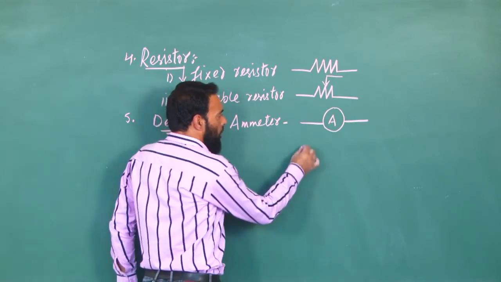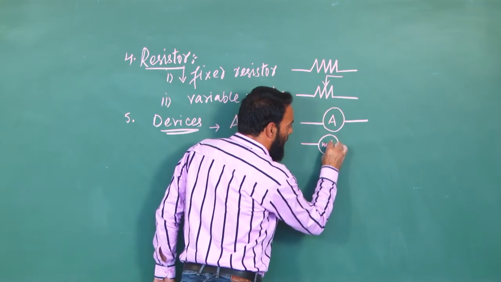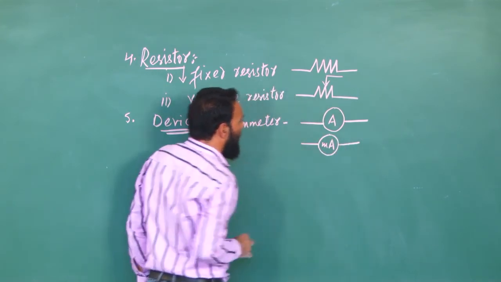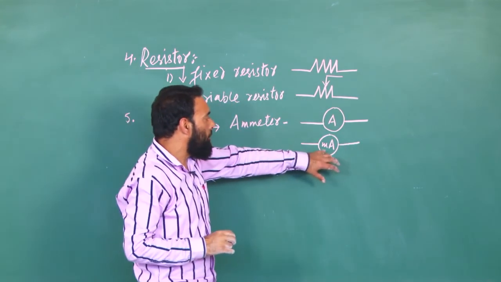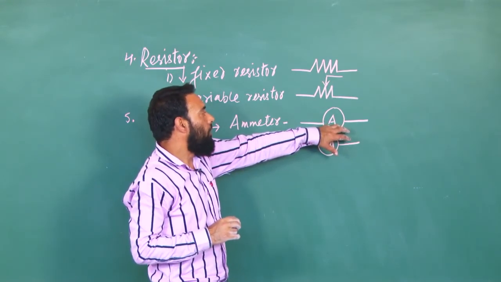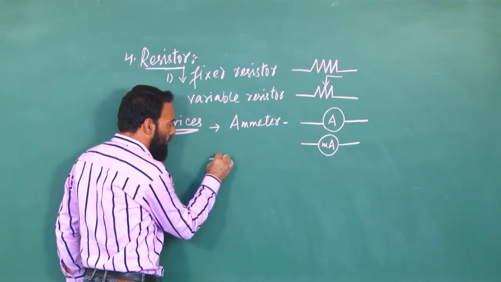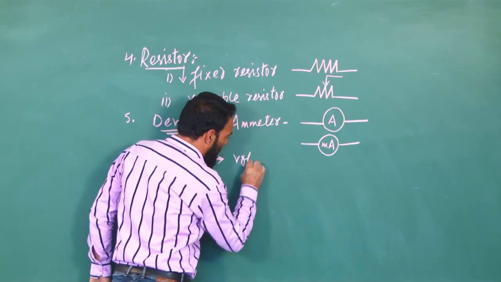There are smaller scale ammeters also, like milliammeters, and they can be represented like this. This is a milliammeter, which shows the reading in milliamperes, and this is the ammeter, which shows the reading in amperes.